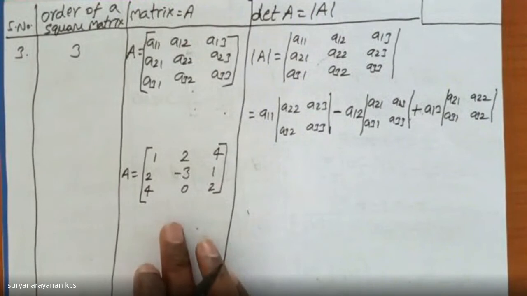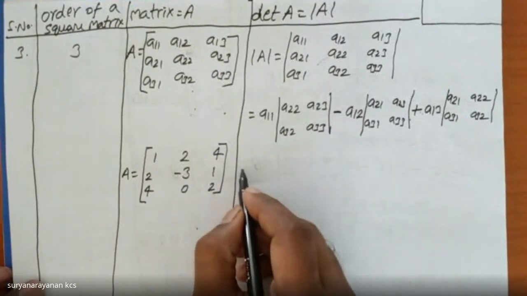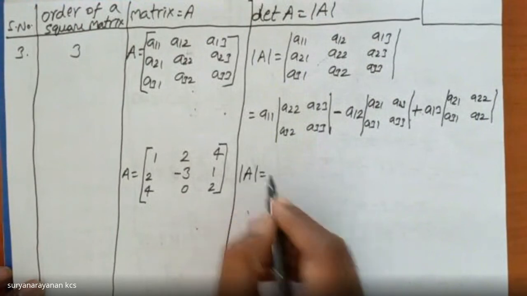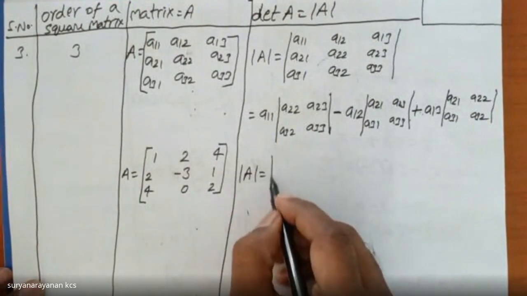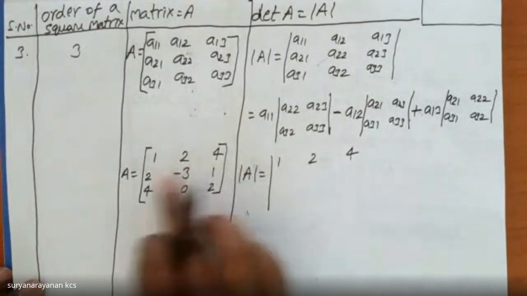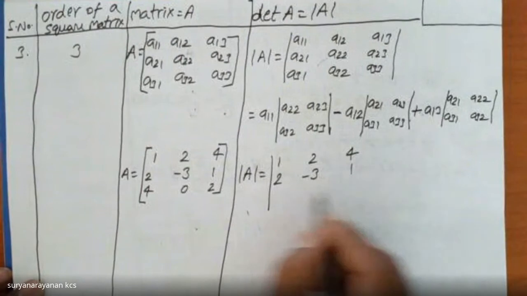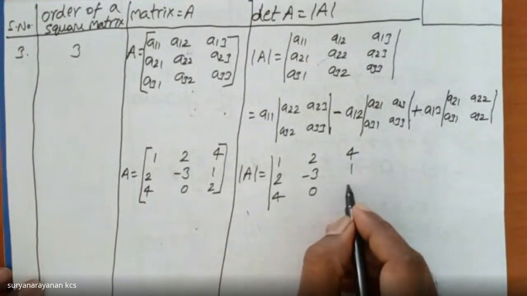So this is a square matrix of order 3. Then det A is equal to det of 1, 2, 4; 2, minus 3, 1; 4, 0, 2. Write all the elements as they are.